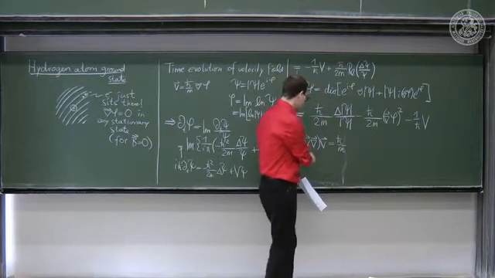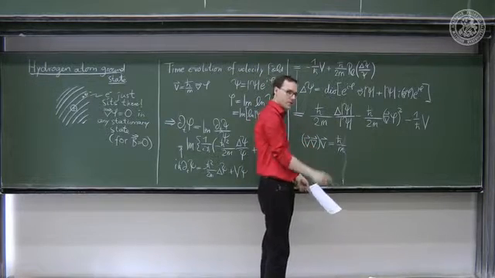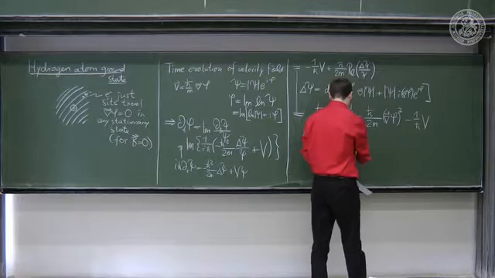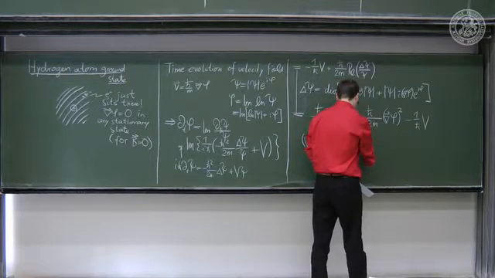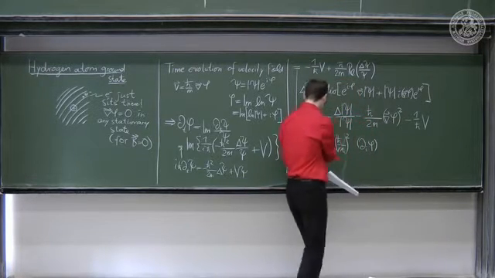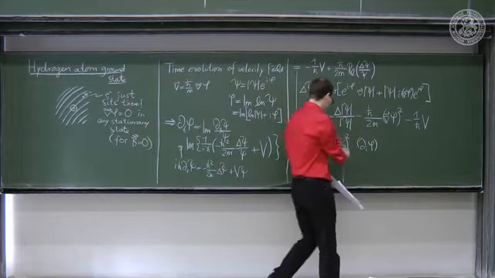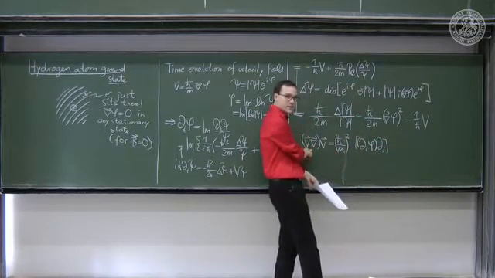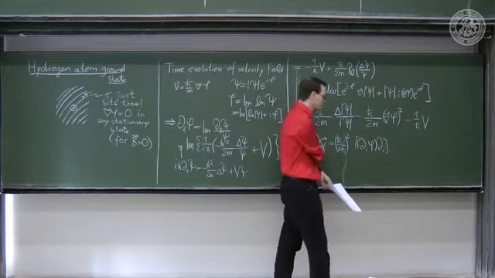And maybe it's best to work this out in components. So this would be h bar over m squared d_i phi, that's from the first velocity, times d_i, because I'm multiplying with the gradient, and it's a scalar product in here.